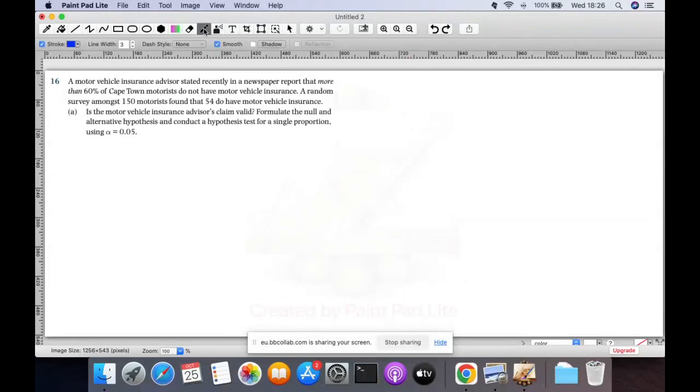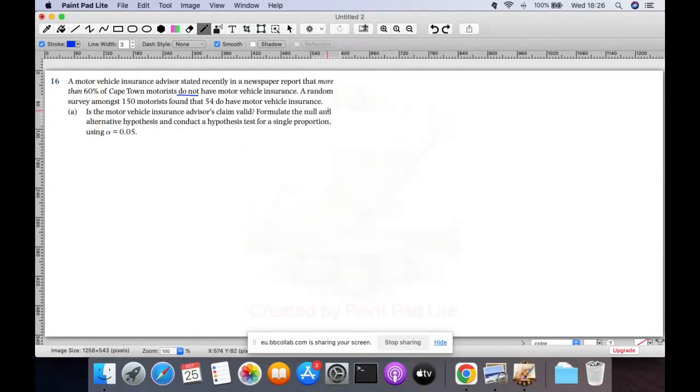So I'm just going to underline this part here. Okay, so I'm going to maybe use this. Okay, they say do not. Here we go. Good enough. All right.